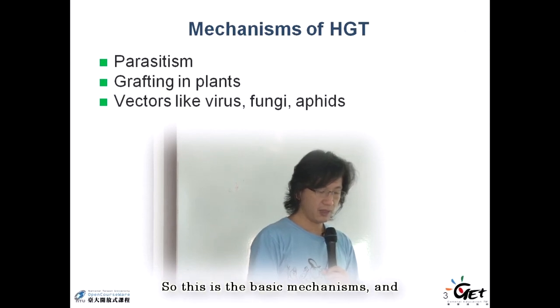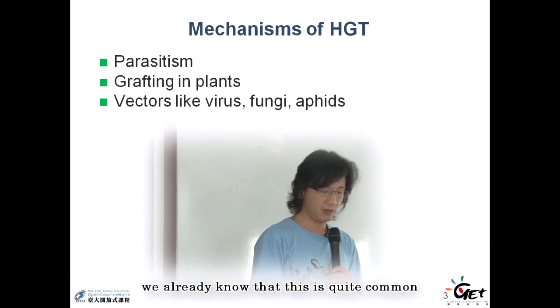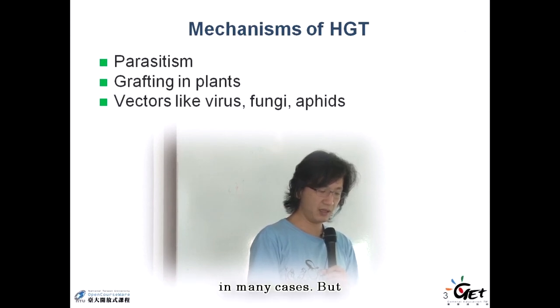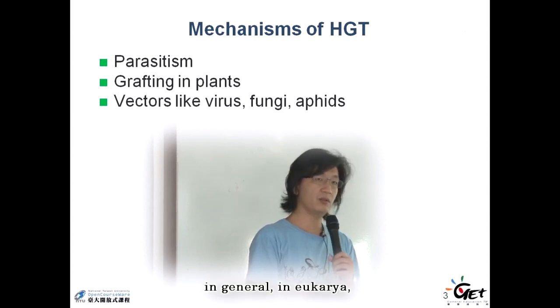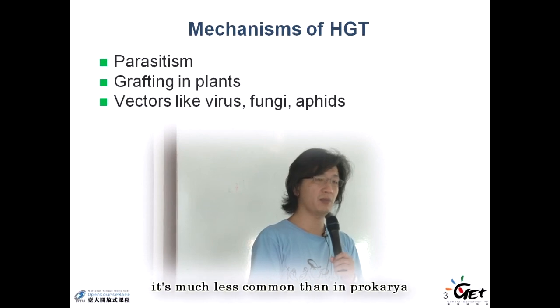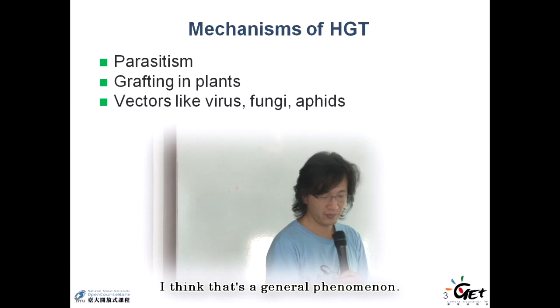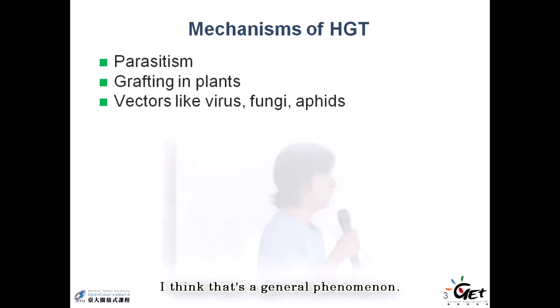So these are the basic mechanisms, and we already know that this is quite common in many cases, but in general, in eukarya, it's much less common than in prokarya. I think that's a general phenomenon.